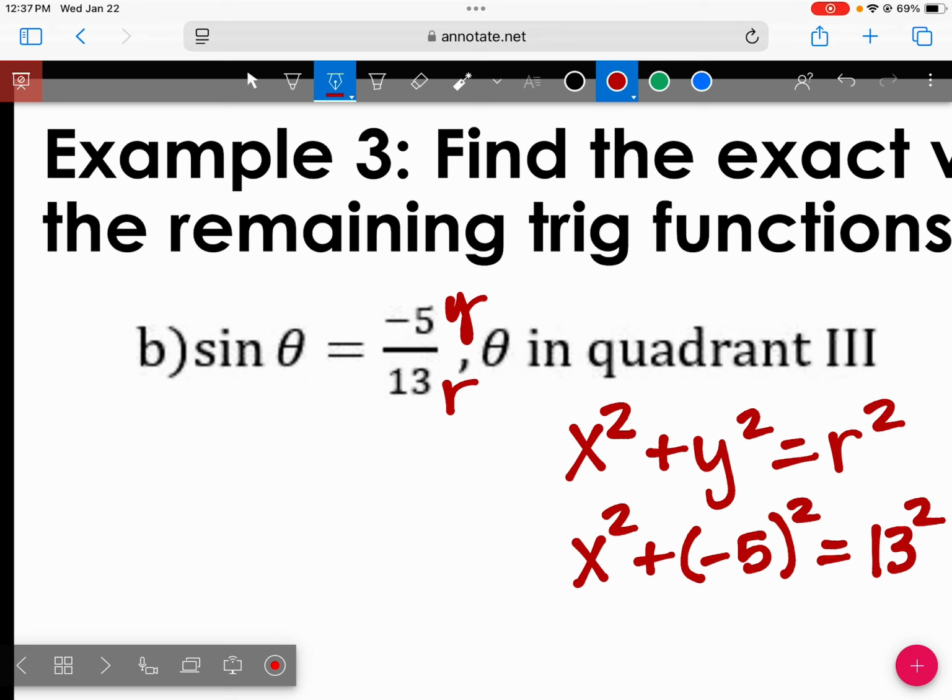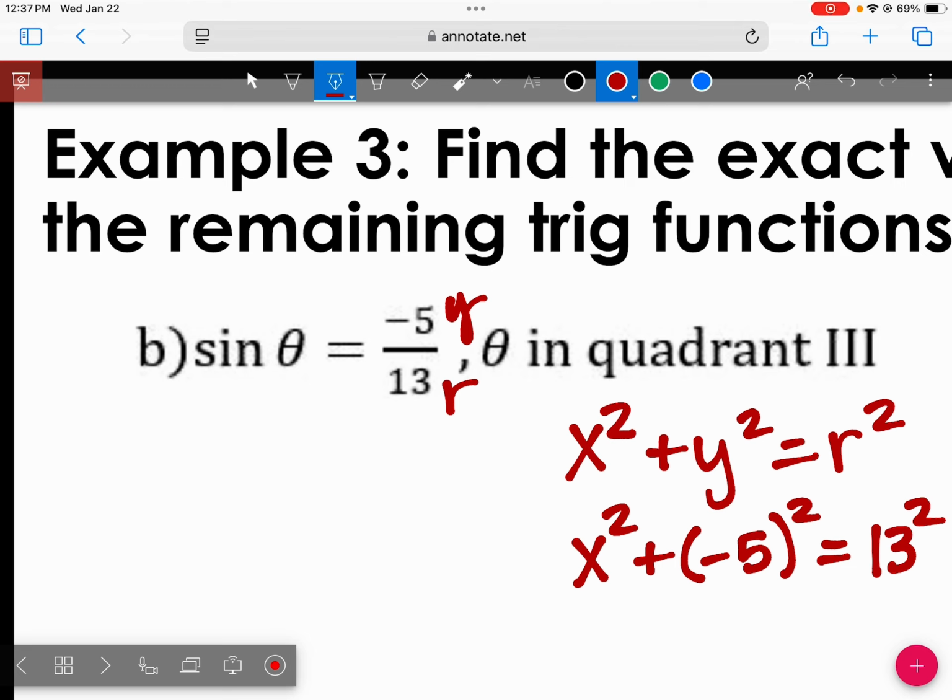So I'm going to use x equals 12, y equals 5, and we can kind of ignore that negative. The main thing is that it tells us what quadrant we're in. And we know that r is 13.